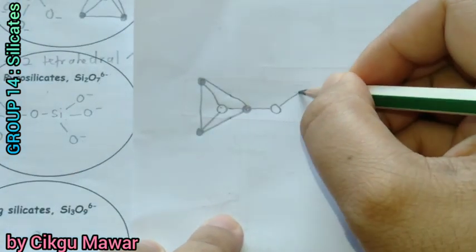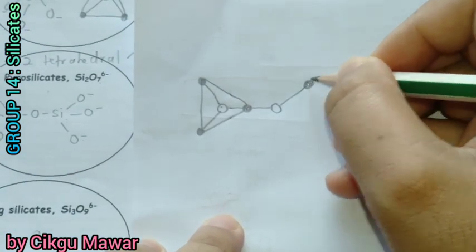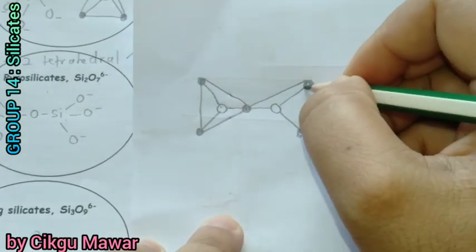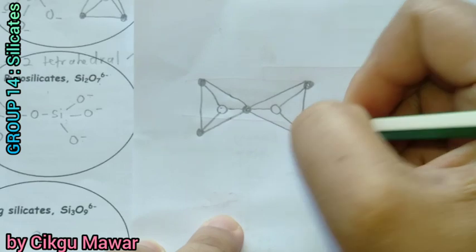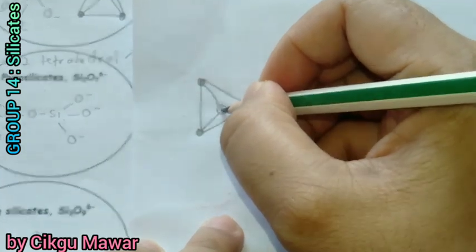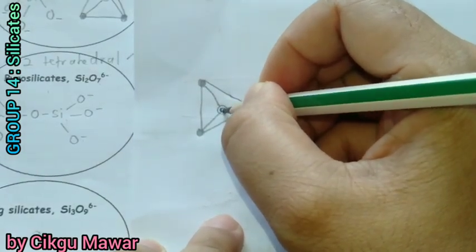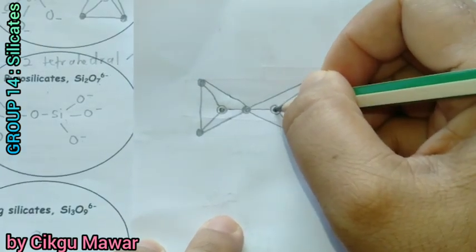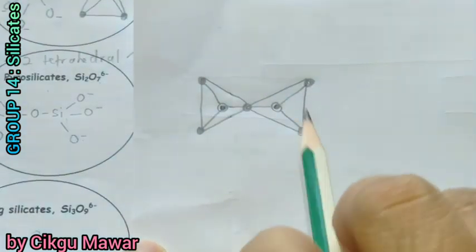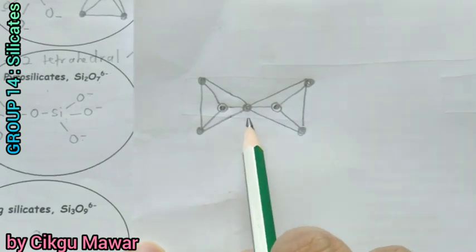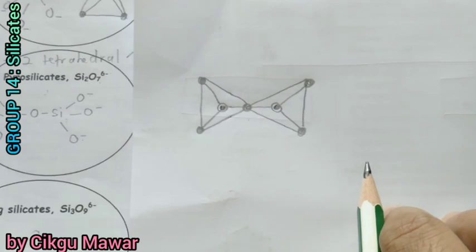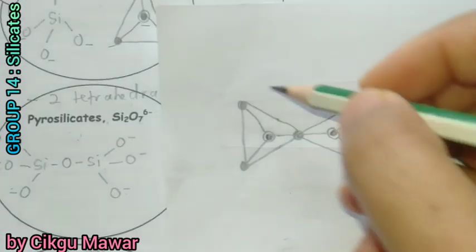The same goes for the other tetrahedral. So don't forget that the back view also consists of one oxygen atom at the back side. So this is the 2D diagram of pyrosilicate. Let me put the charge here.